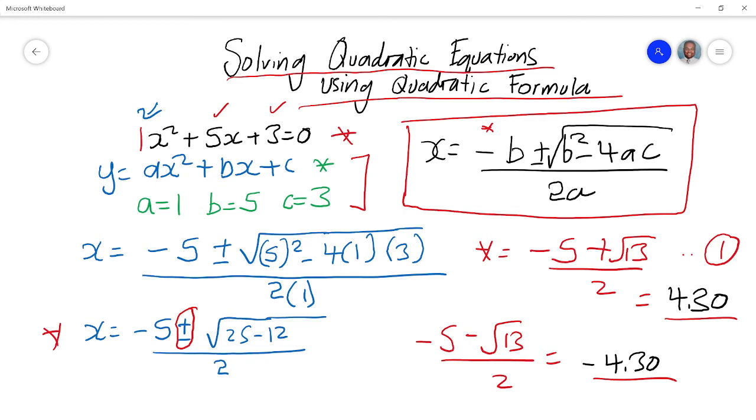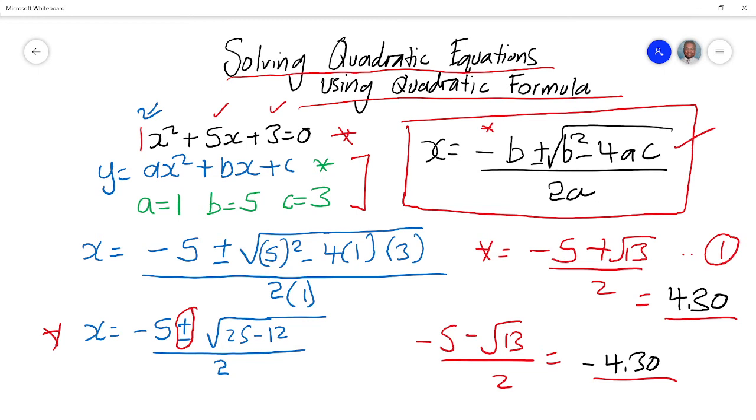The next thing is substituting the values of a, b, and c in the quadratic formula. All right, and just be mindful, you will get two answers because you've got a plus and a minus, and also because it's x squared, you will well and truly get two values of x in this equation. All right, so that's the first question that I wanted to work out with you guys.